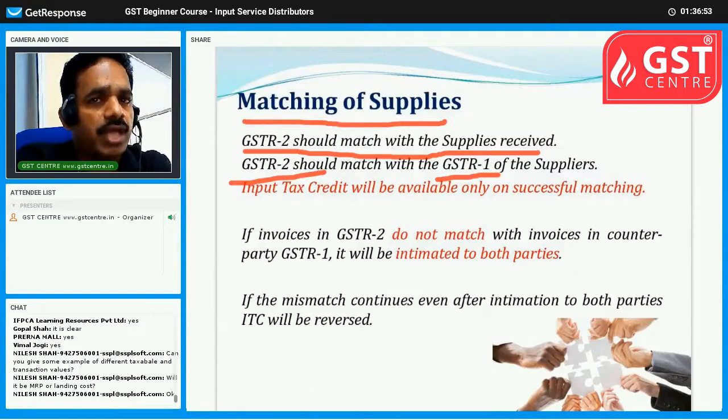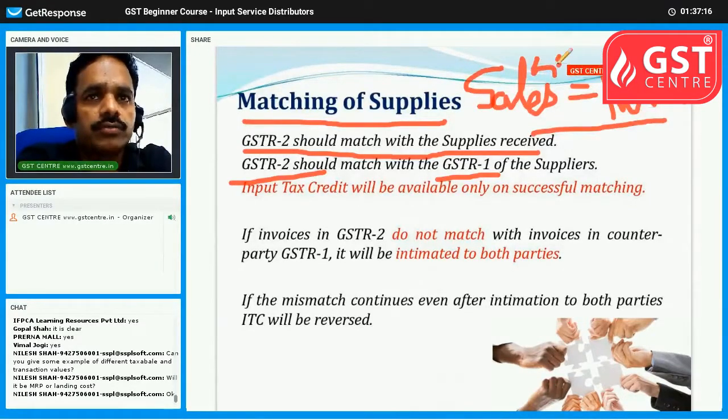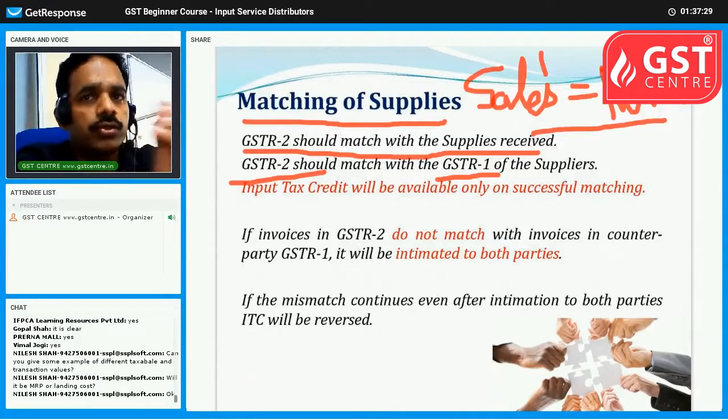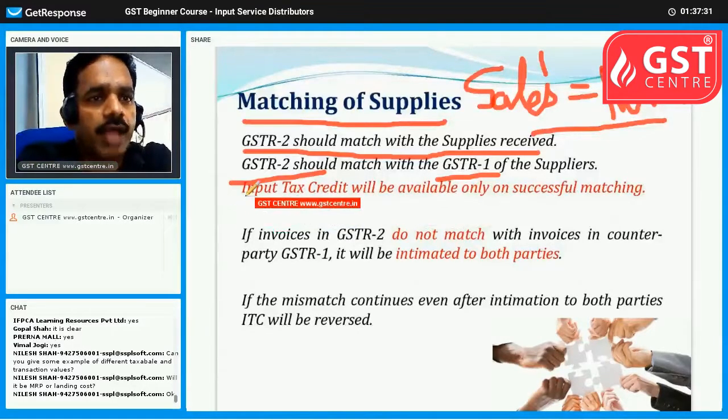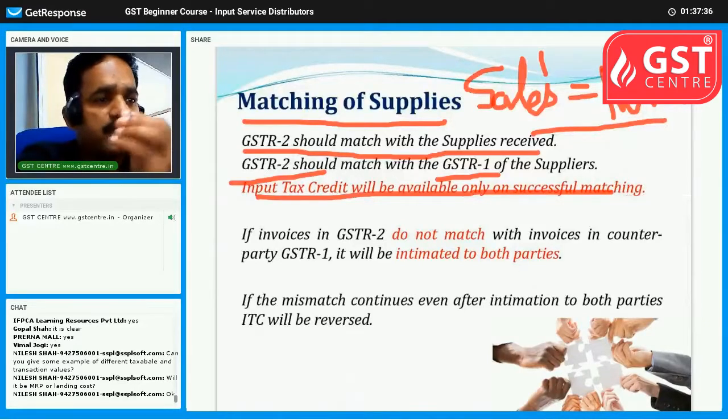So the invoices mentioned by the supplier should be equal to the invoices mentioned in the GSTR 2 of the recipient. That is, sales should match with the purchases. Sales is GSTR 1 and purchase is the GSTR 2 return. Both return 1 and return 2 should match. And input tax credit will be available to the purchaser only on successful matching.